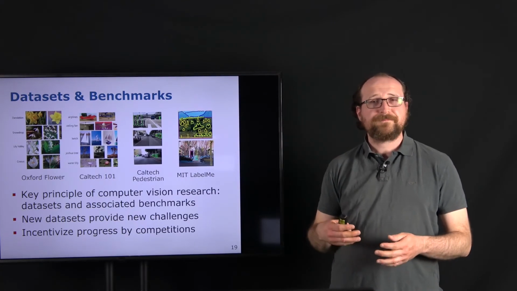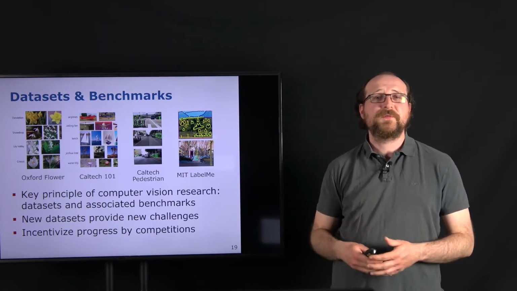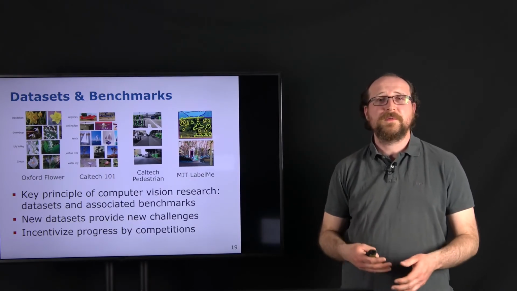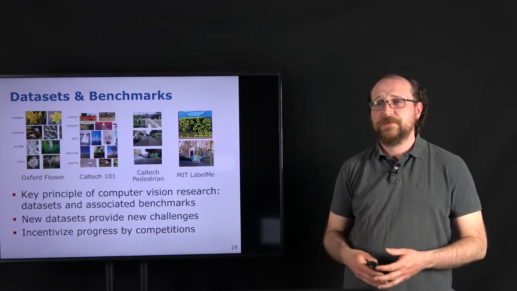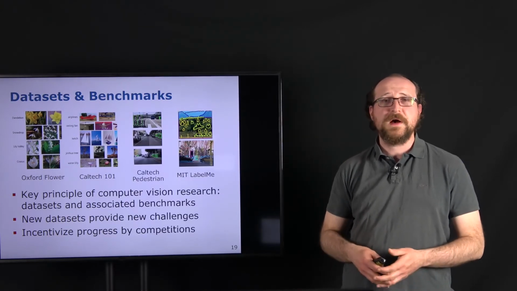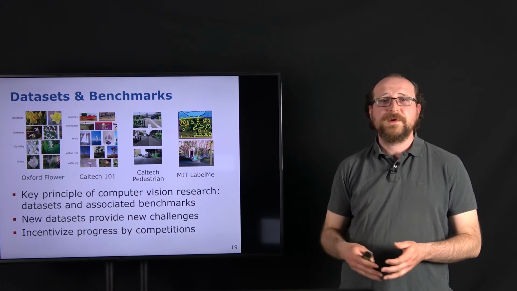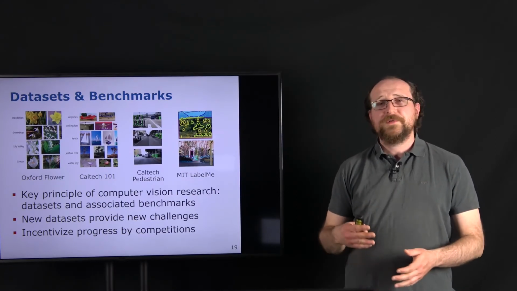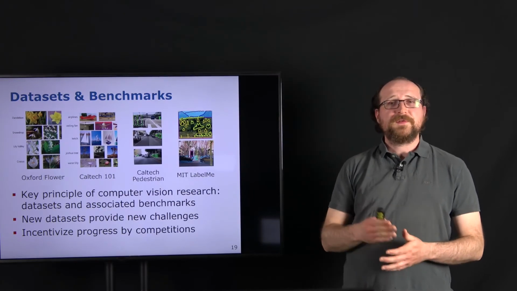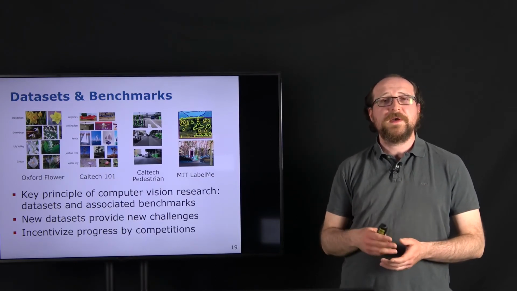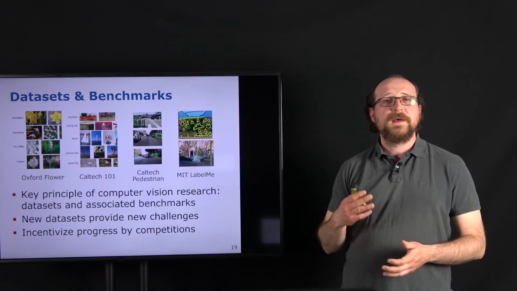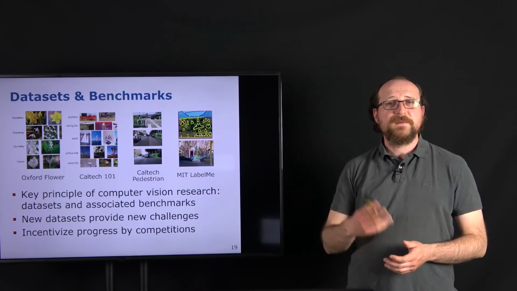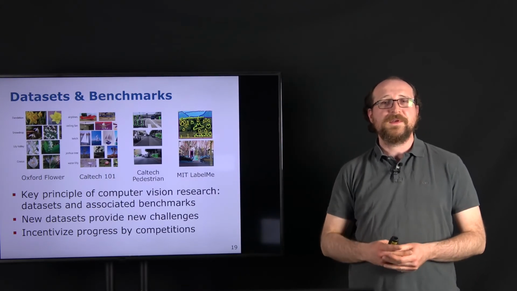And this progress was furthermore incentivized by competitions. When you look back, but also now, you will see on conferences on a yearly basis competitions where it is said, okay, from this time to this time we want to have the best performing approaches on this specific dataset, and to make it a little bit more interesting, we are also giving something like prize money.